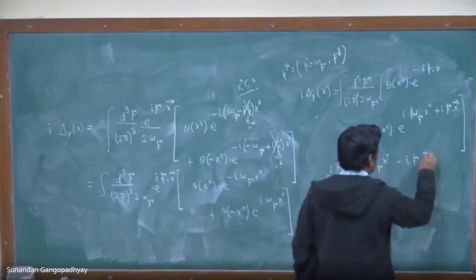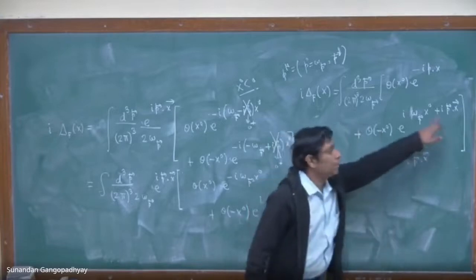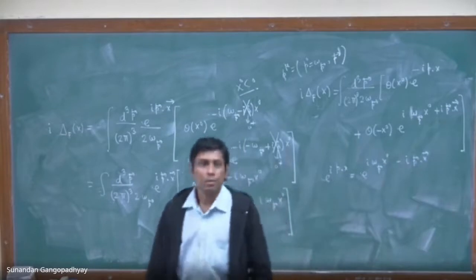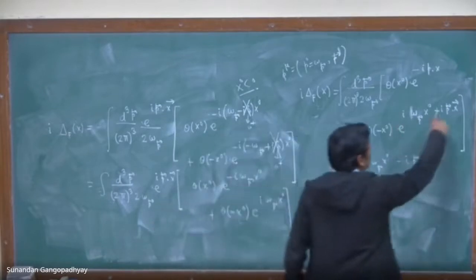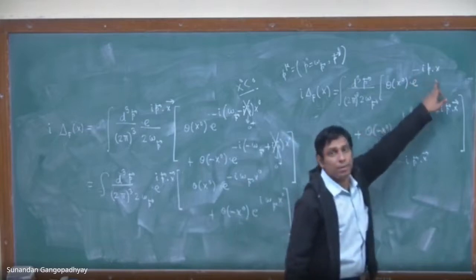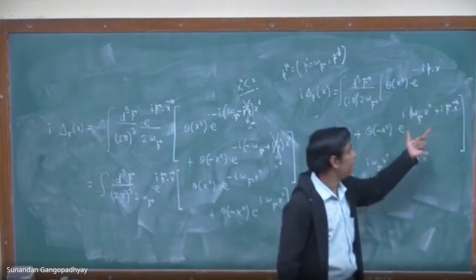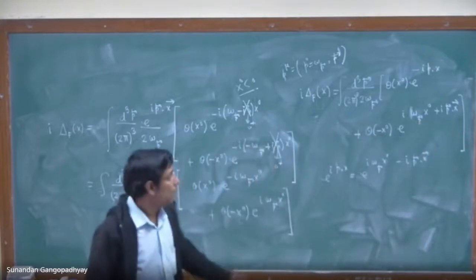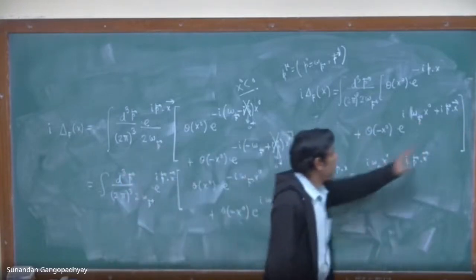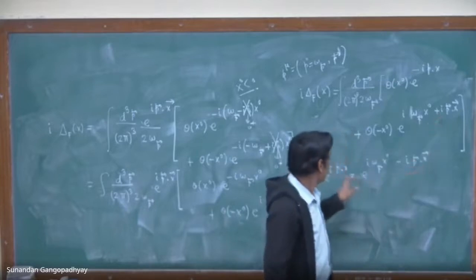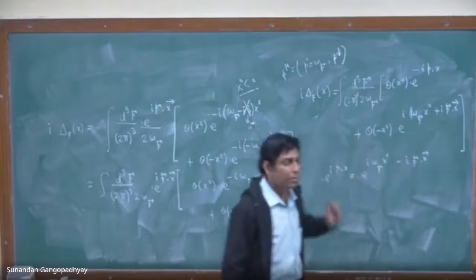So you see that there is a sign mismatch. For this, you would be very happy to combine it, since this is e to the power minus I p dot x, if you can combine this as e to the power of plus I p dot x. That is what we want. But that is not what we are getting, because we have a plus here, but in order to combine it as e to the power of I p dot x, we need a minus here. So there is a problem.